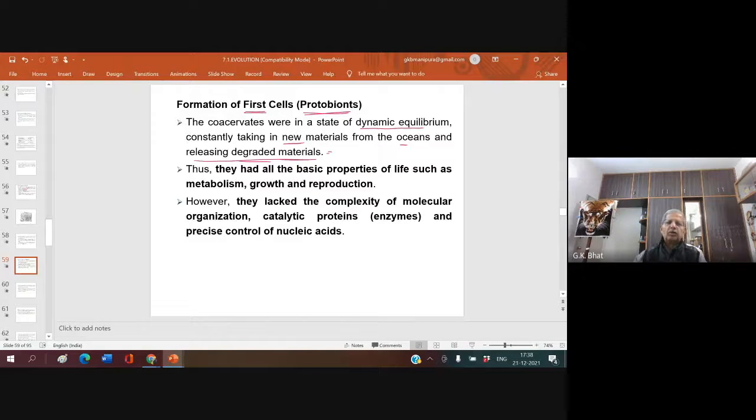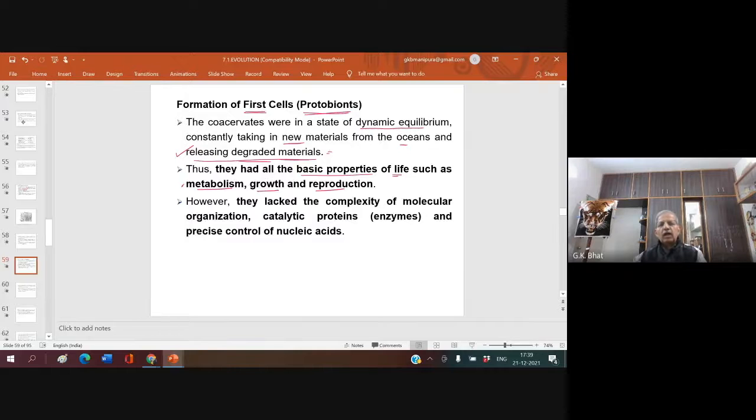Prior to that, you have seen multiplication, which means reproduction. So nutrition took place, reproduction took place, and now you would come across the release of degraded material, that is a sort of excretion. Thus, they had all the basic properties of life, such as metabolism, growth, and reproduction. Whenever you say releasing of degraded material, it is the result of metabolism.